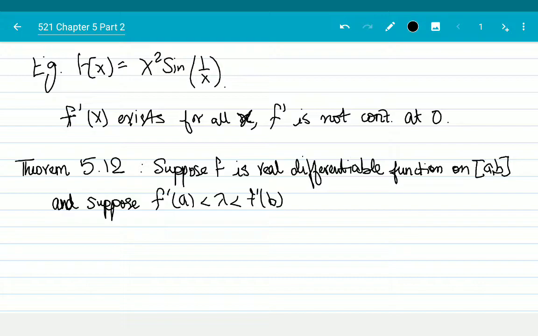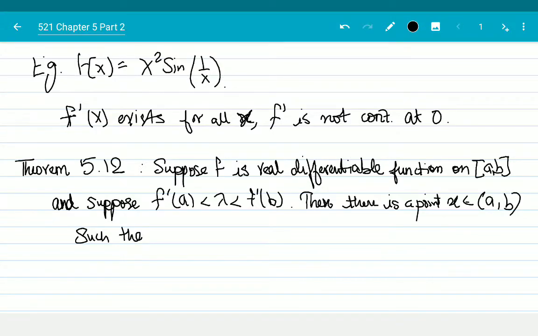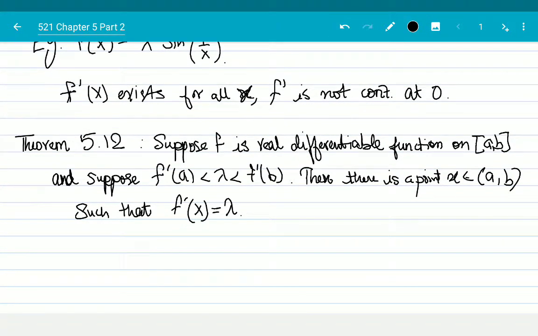Okay, then there is a point x in (a, b). Oops, not the closed interval, the open interval (a, b), such that f prime of x is equal to lambda, right?